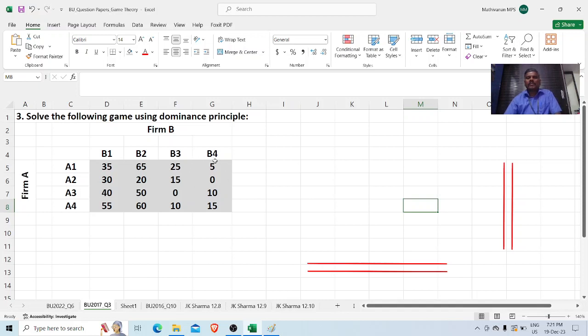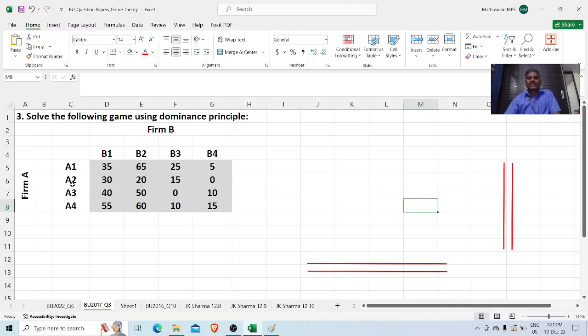And the last combination, that is when firm B uses the fourth strategy, the gain from A1 strategy is 5 points and from A2 strategy is 0 points. Again, we find that the gain for using strategy A1 is more than the gains achieved from using strategy 2.